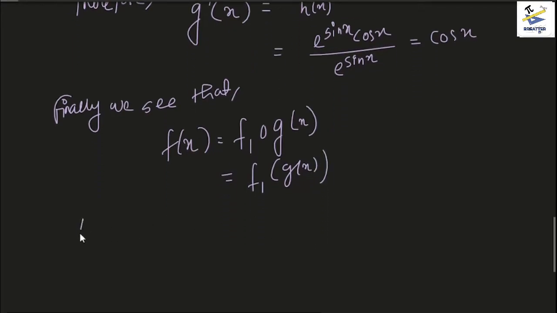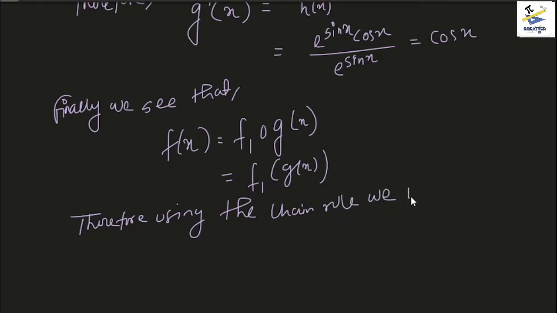Therefore, using the chain rule we have f prime of x equals f1 prime of g of x multiplied by g prime of x.